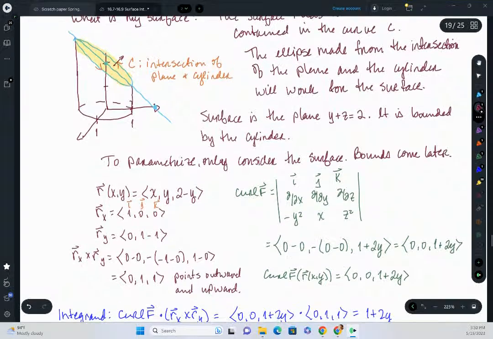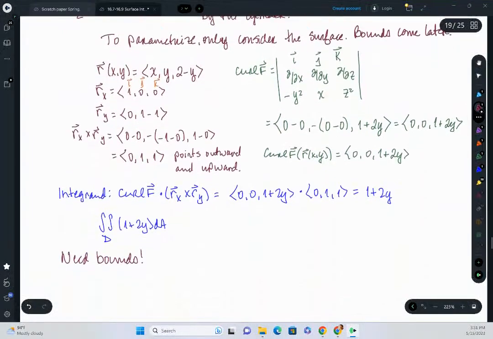So if we go back up to our picture, the bounds that give this elliptical shape, like that's how we get this slice out of the plane, are coming from the cylinder, x squared plus y squared equals 1.